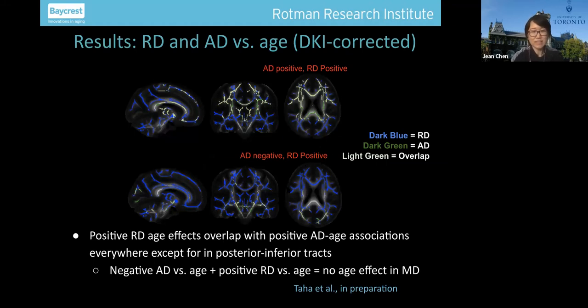Again, here we see axial diffusivity has a negative age association, whereas radial diffusivity has a positive association. So could it be that the reason we did not see anything in this region in terms of mean diffusivity is that the axial and radial age effects cancel each other out? So there's definitely something going on. It is not nothing.